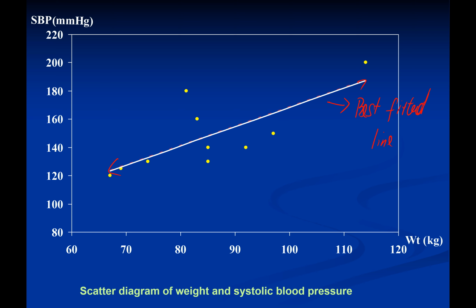Now we're going to have a formula to calculate the slope and the y-intercept of the best fitting line. So the best fitting line: predicted y equals b0 plus b1 times x.